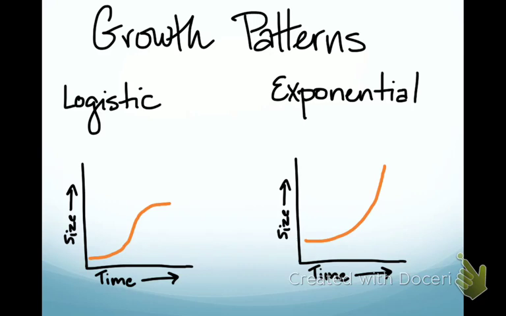And that point at which the environment can sustain that many individuals, that is our carrying capacity. So it's the amount of individuals an environment can support with the amount of resources it has at that time. So there's our carrying capacity.